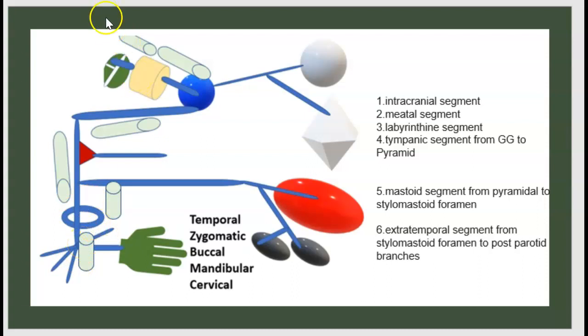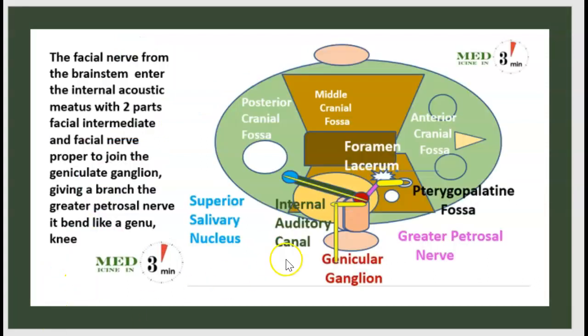I repeat: intracranial and meatal segment, labyrinthic segment, tympanic segment, mastoid segment, and extratemporal segment.